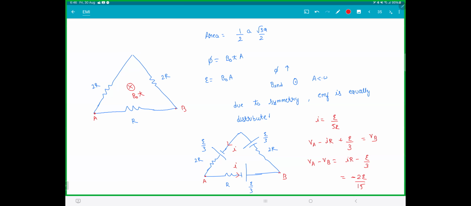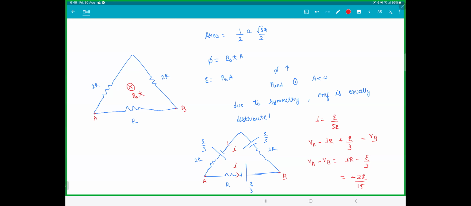So you can always argue that the EMF will distribute uniformly if you have a symmetrical shape. It has nothing to do with resistance. But if you mess up the resistance, you can create potential difference. So don't get confused between EMF and potential difference. Both are completely different things. Once in a while, they become equal. Clear?